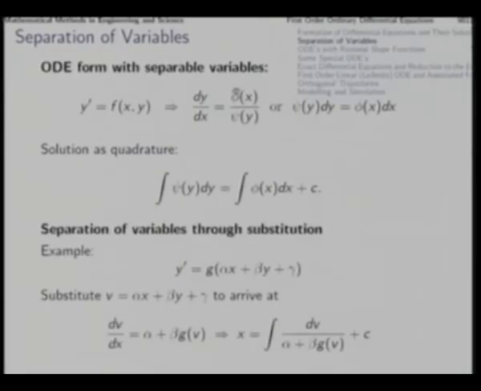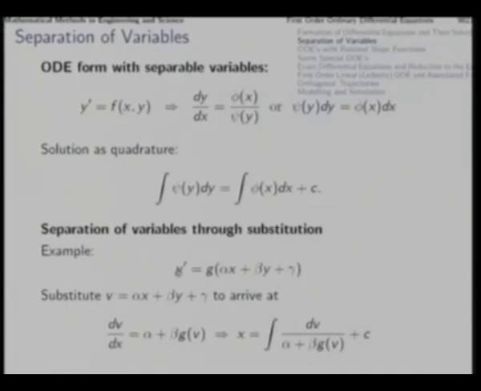Sometimes the variables are not already separable the way the equation is given, but they can be separated with some suitable substitution. For example, in this case where the derivative y prime is given as a complicated function of alpha x plus beta y plus gamma, you can say that this entire expression, if we substitute as v, then what happens?